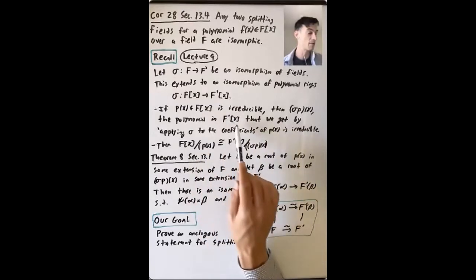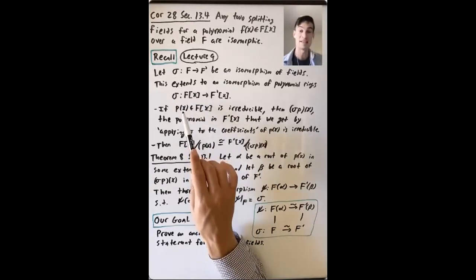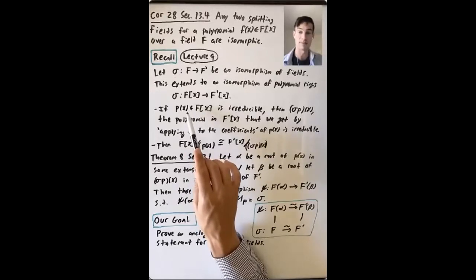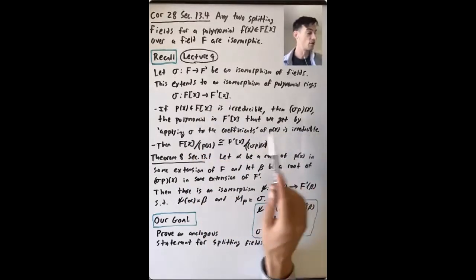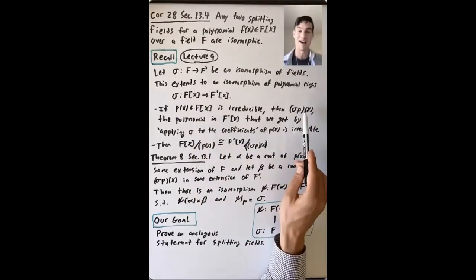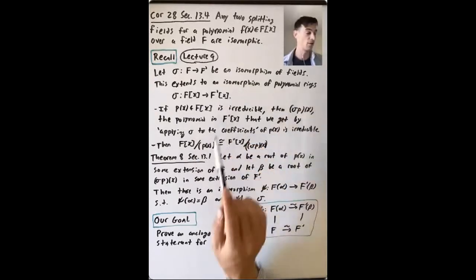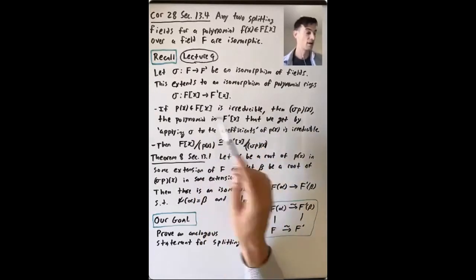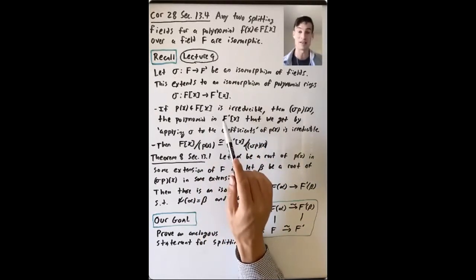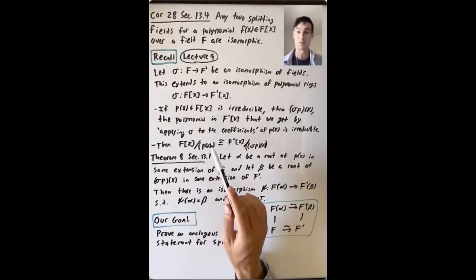So what is sigma p of x? It's the polynomial you get from p by taking sigma of each coefficient. These two polynomials are both irreducible, and they're related by this ring isomorphism. Since they're irreducible, the ideal that each one generates is a prime ideal of the corresponding polynomial ring.